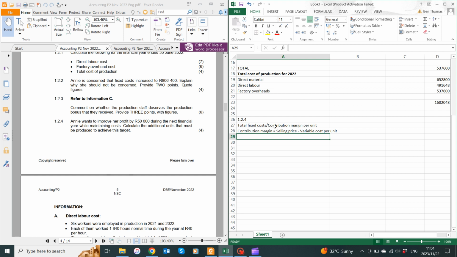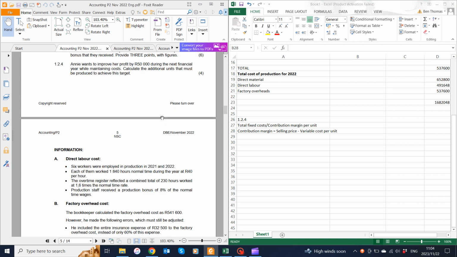Okay, so instead of doing this to calculate break-even point, we're going to substitute total fixed costs for the 50,000 Rand that Annie wants as extra profits. Okay, so guys, let's calculate contribution margin quickly because it is given.